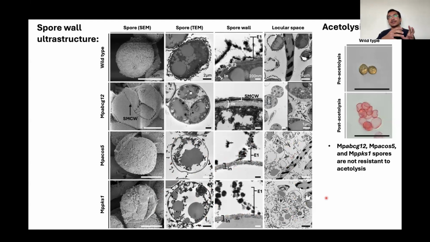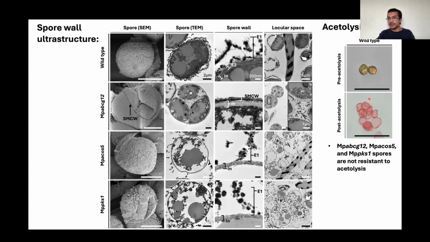And because there's such a severe exine phenotype, we can test the integrity of sporopollenin through acetolysis. Acetolysis is potentially the only assay we have to test for the presence of sporopollenin. You basically boil plant material in a mixture of acetic anhydride and sulfuric acid for 4 minutes, and the only thing that should remain is sporopollenin.